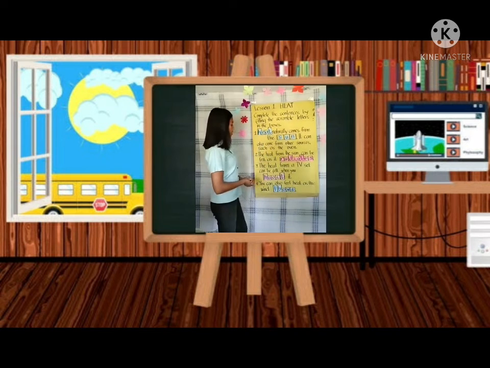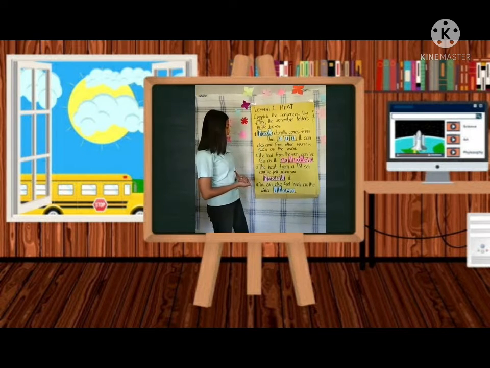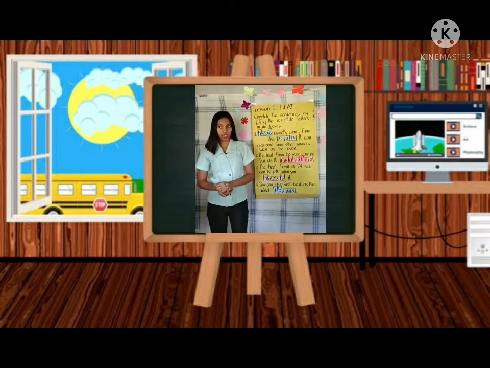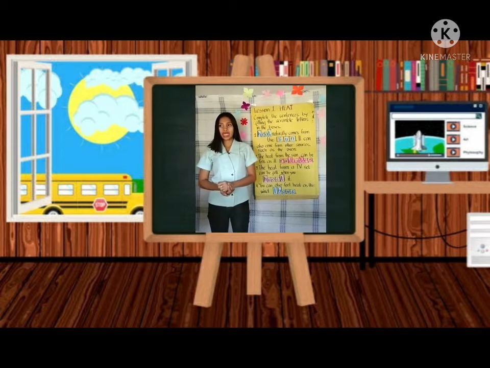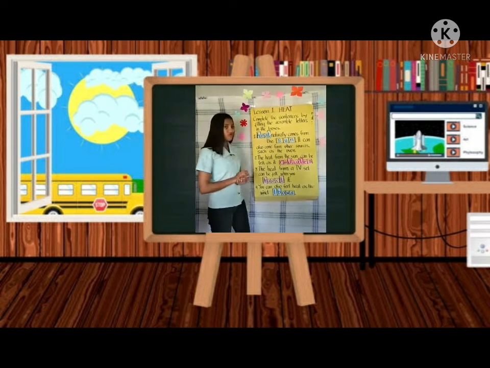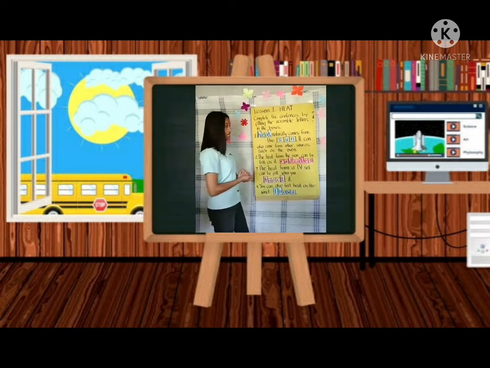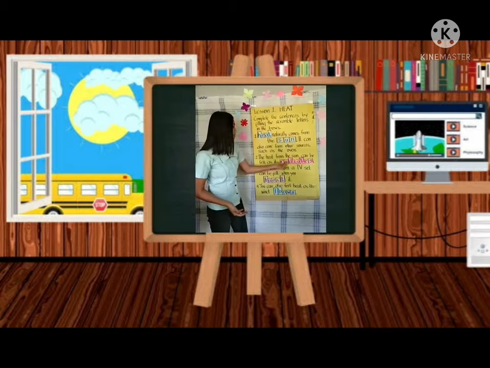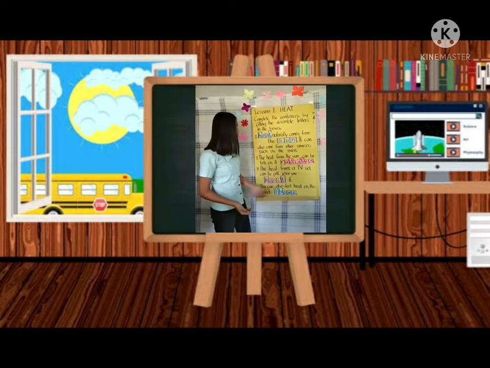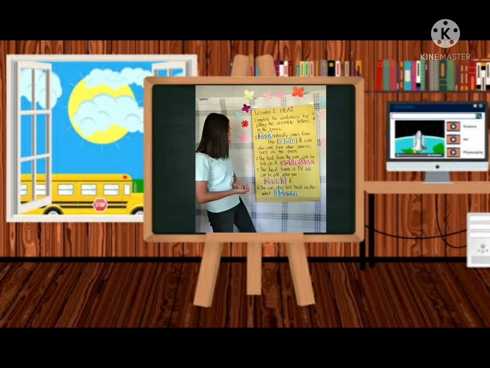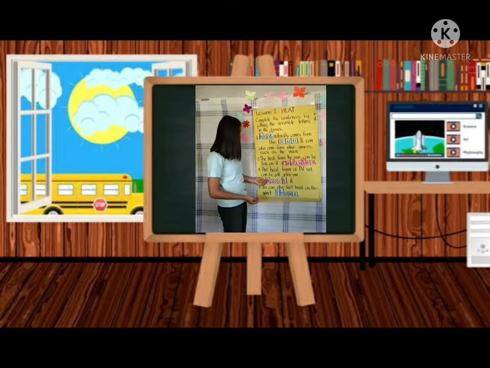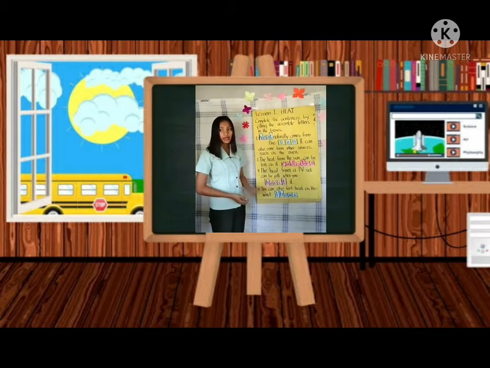Number 3. The heat from a TV set can be felt when you blank it. So, how do we feel the heat from the TV? Yes? Okay. The heat from a TV set can be felt when you touch it. Is this a correct word?